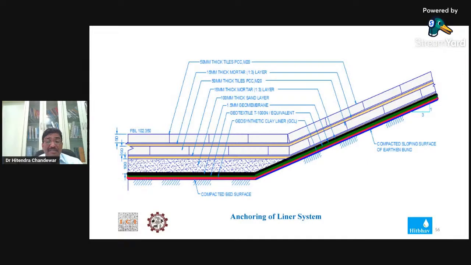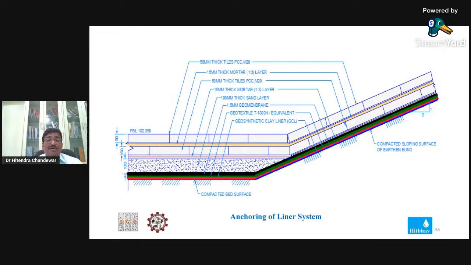You will find the compacted surface, then the geosynthetic liner, then the geotextile liner, then the 1.5 mm geomembrane. Then at the bed we have provided one additional sand layer, but on the slope we have not provided it because it's not advisable to provide a sand layer there.